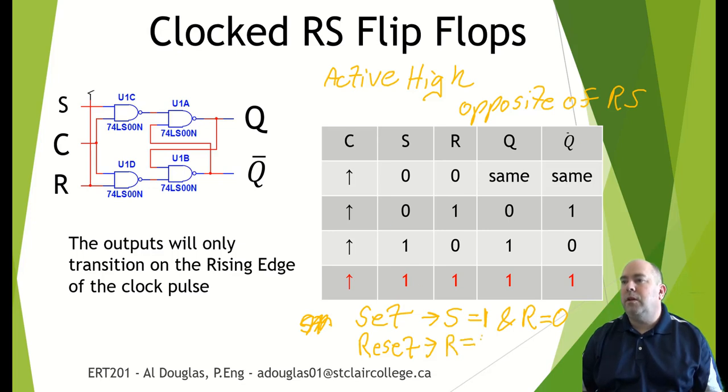And to reset it, it's R is equal to 1 and S is equal to 0. Okay? And then what we need is a positive transition of the clock pulse.